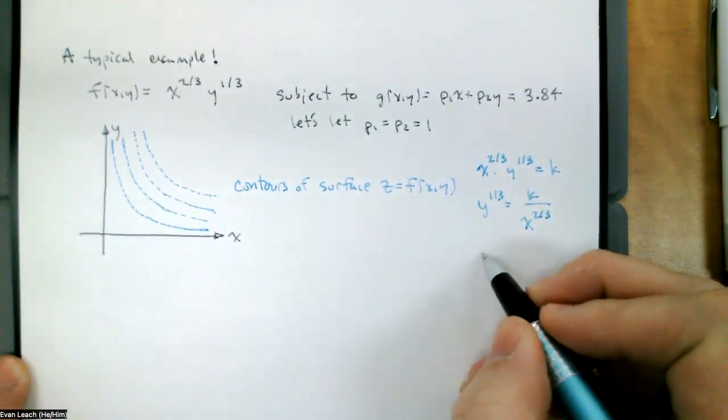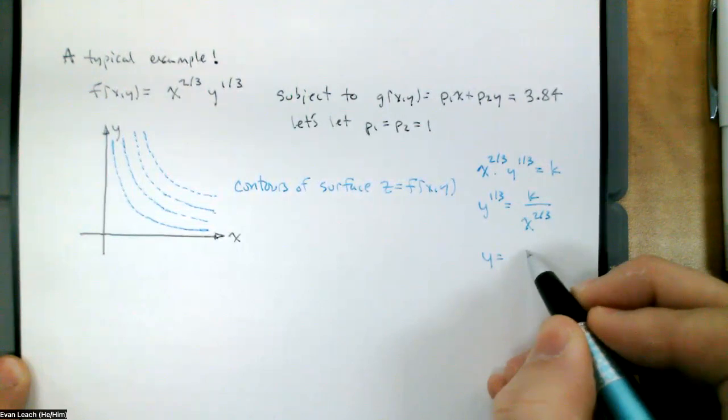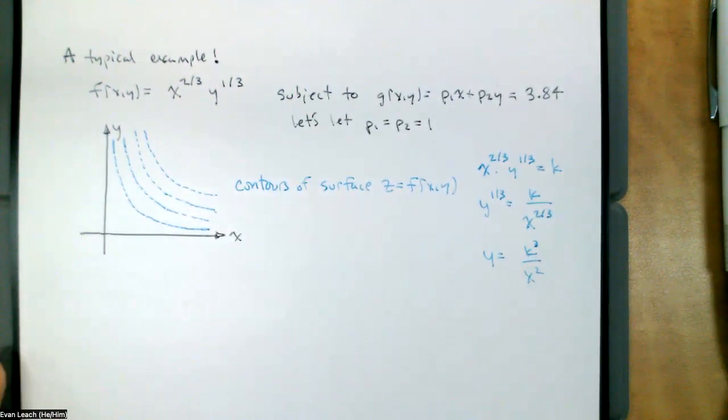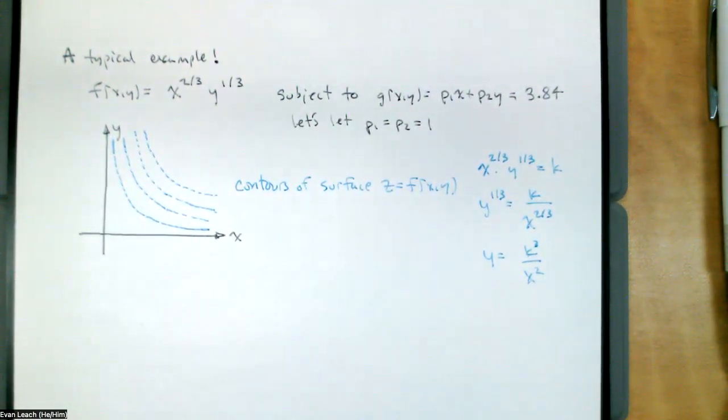If you cube everything, we'll have some constant cubed over x squared. So that's why all my graphs look like a 1 over x squared. The important thing is that I wanted to see that y was inversely proportional to the square of x.